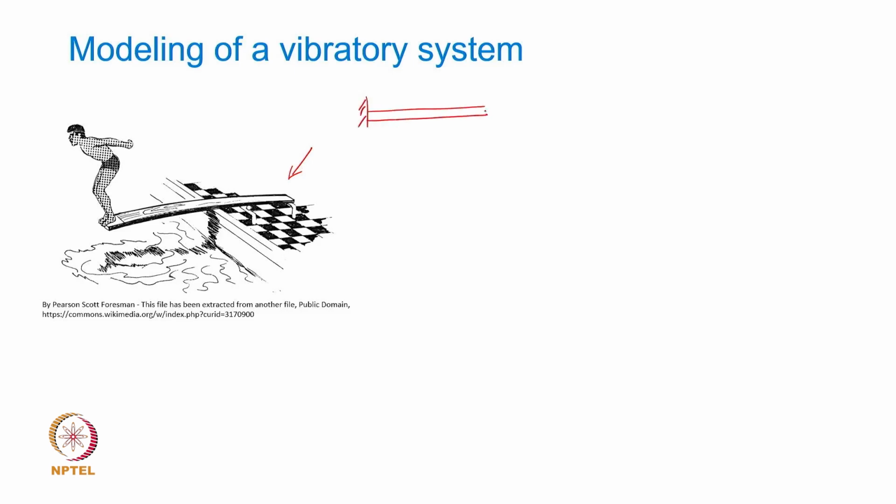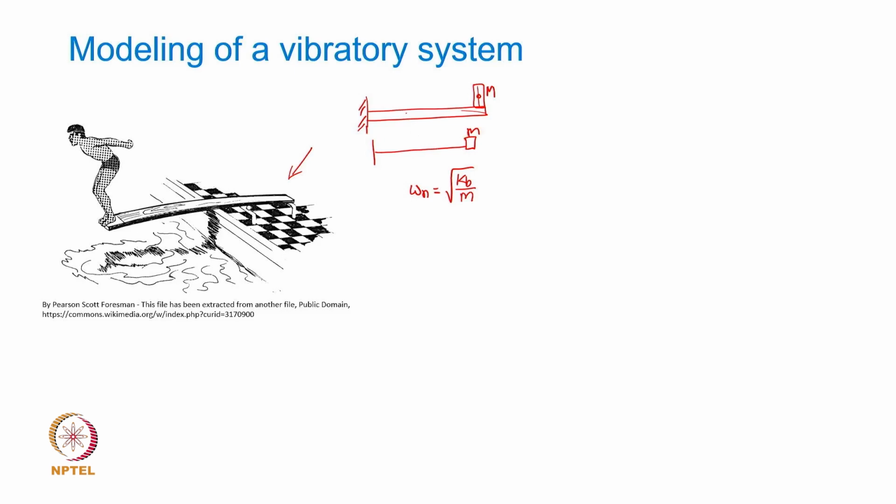If the diver is standing at the tip of this springboard, the diver is going to have his own mass contributing to the system, and then assuming the mass of the diver to be substantially large compared to the mass of the springboard, I can treat this as a cantilever beam with an end mass and then calculate the natural frequency based on that. So, you all have seen in the previous slide how I can calculate the Kb value and use the mass of the diver to find out the natural frequency of the system.